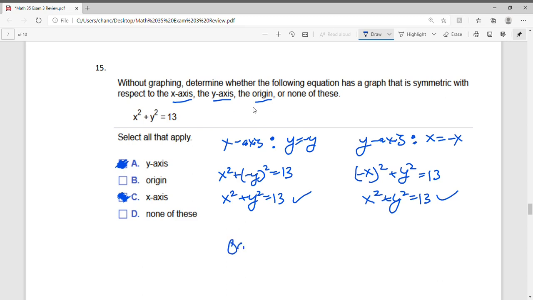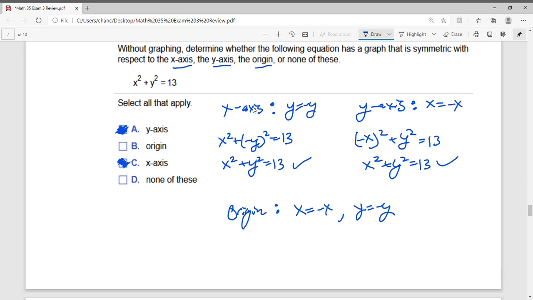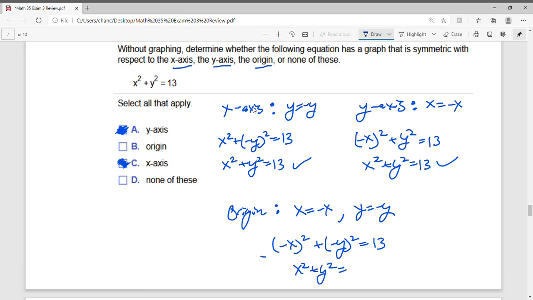Now to check for symmetry about the origin, I have to substitute x equals -x and y equals -y, and if I get the same equation, then yes, it's symmetric about the origin. We have (-x) squared plus (-y) squared equals 13. And what do you know? You do get the same equation back, because (-x) squared simplifies to x squared, and (-y) squared simplifies to y squared.